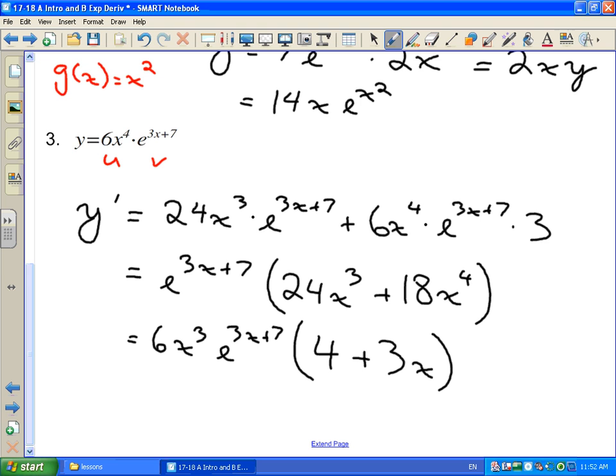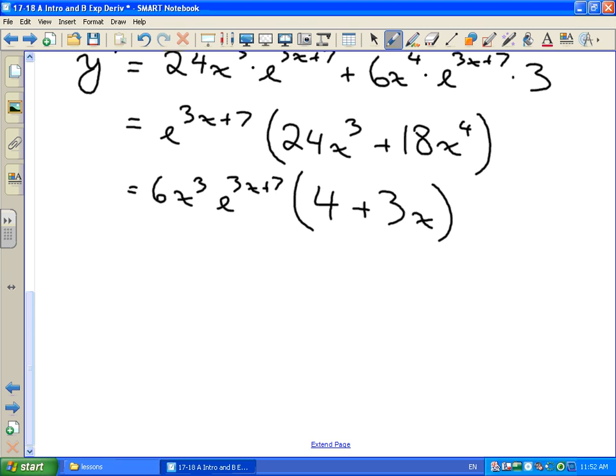If we wanted to write this in terms of the original function, our original function was 6x to the power of 4, e to the 3x plus 7. We've got 6x to the power of 3, e to the 3x plus 7 out front. You would stop there unless it told you to write it in terms of y. If it did tell you to write it in terms of y, you need another x there. You need this to be 6x to the power of 4, e to the 3x plus 7.